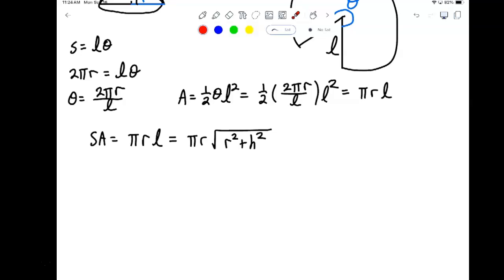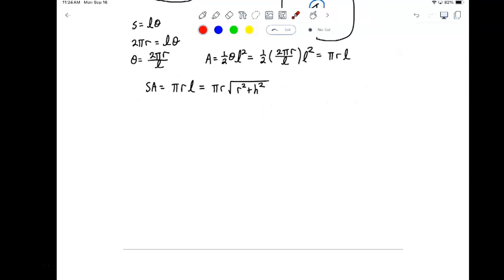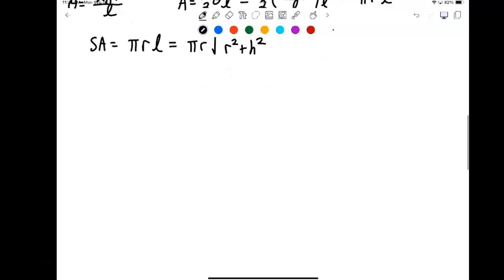Now, we talk about the area of a cone so that we can move on and talk about the area of another special shape that's based on a cone, a shape called a frustum. So let me draw the picture here for you. Get my dotted line out here to work.